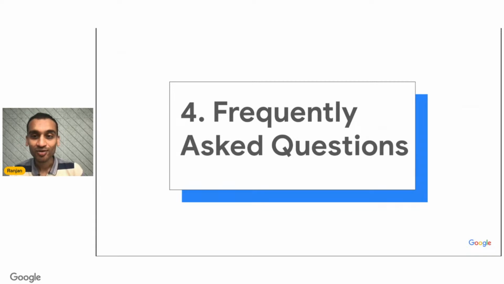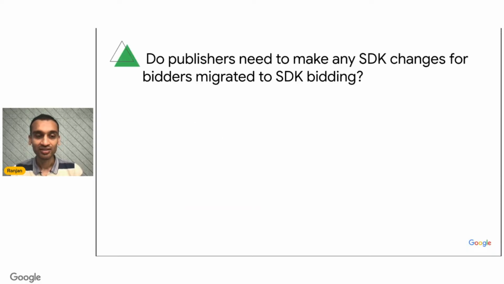With that, let's now go through a few frequently asked questions we often come across. The first one is, do publishers need to make any SDK changes for bidders migrated to SDK bidding? As in, if you are already using SDKs to integrate your demand, do you need to make any changes to your existing SDKs to have this feature enabled?